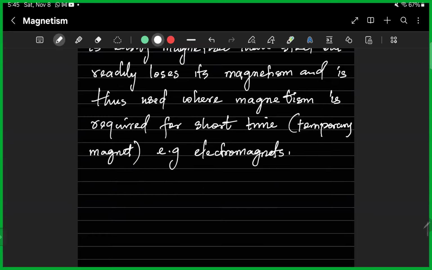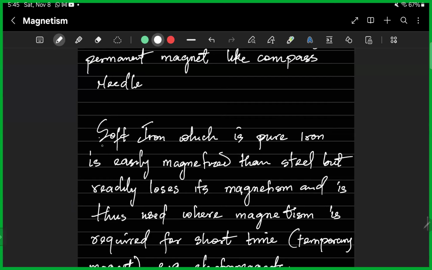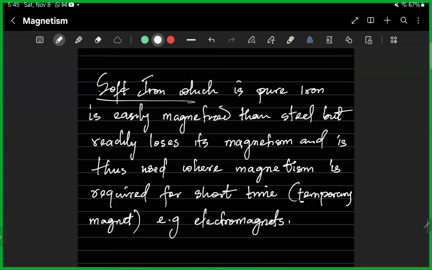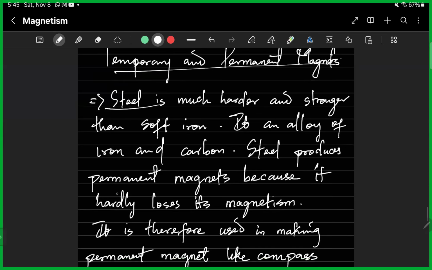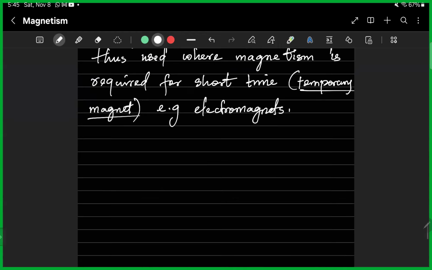So keep that in mind: soft iron is related to temporary magnets, steel to permanent magnets.